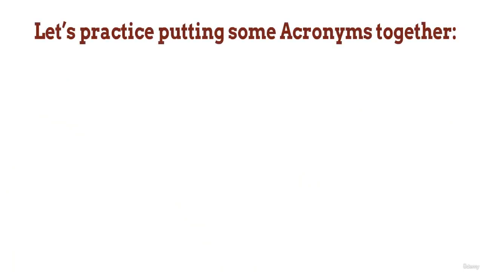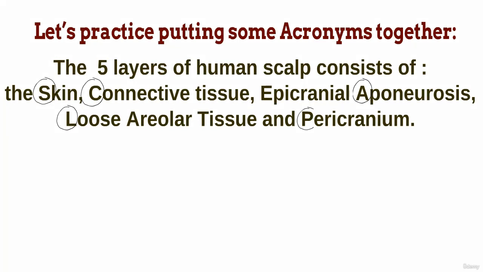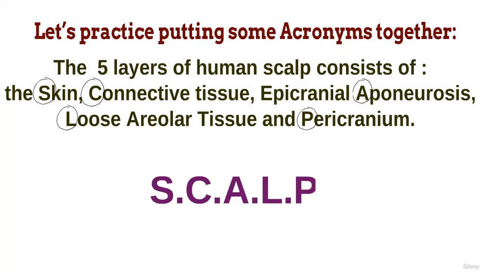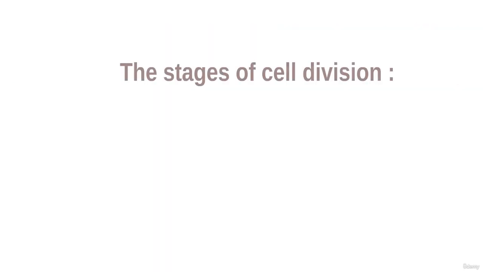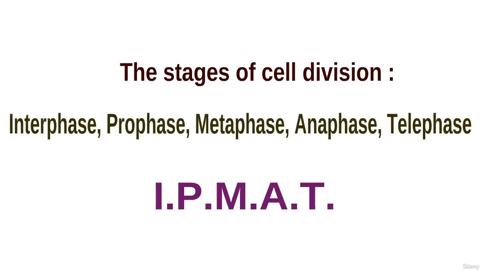Now, let's practice putting some acronyms together. Assume you had to memorize some of the following ideas in school. The 5 layers of the human scalp: skin, connective tissue, aponeurosis epicranial, loose areolar tissue, and pericranium can be memorized with the acronym SCALP. The stages of cell division, interphase, prophase, metaphase, anaphase, and telophase can be memorized with the acronym IPMAT.